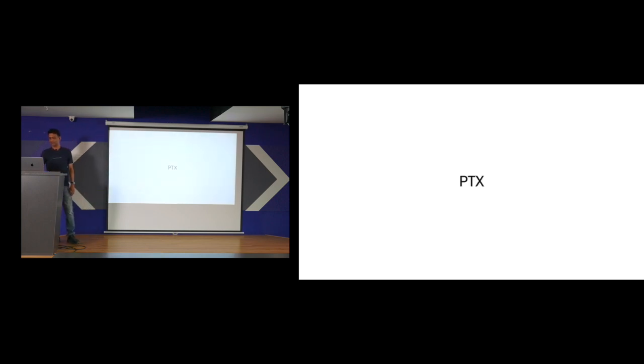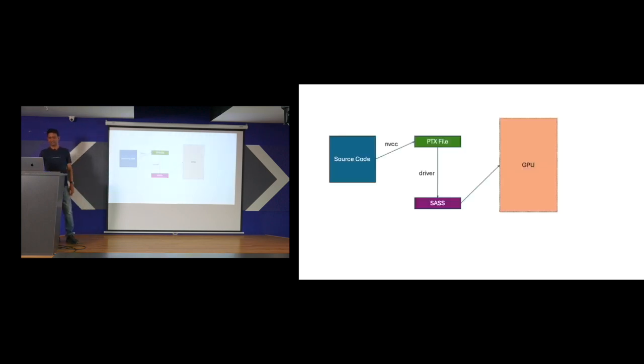Okay, so I'm going to skip PTX. NVIDIA GPUs, remember? Your NVIDIA compiler compiles to a VM called PTX. The reason I included it is because its memory model is very different from the other memory models, because it's designed to run on GPUs. But we don't have time to go through that.